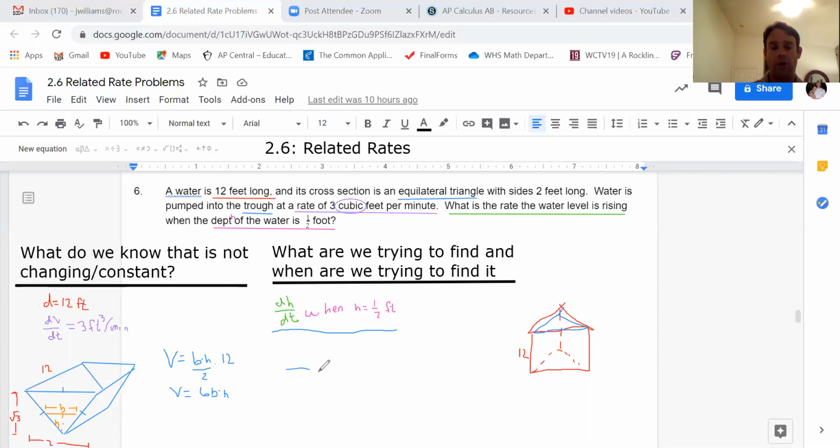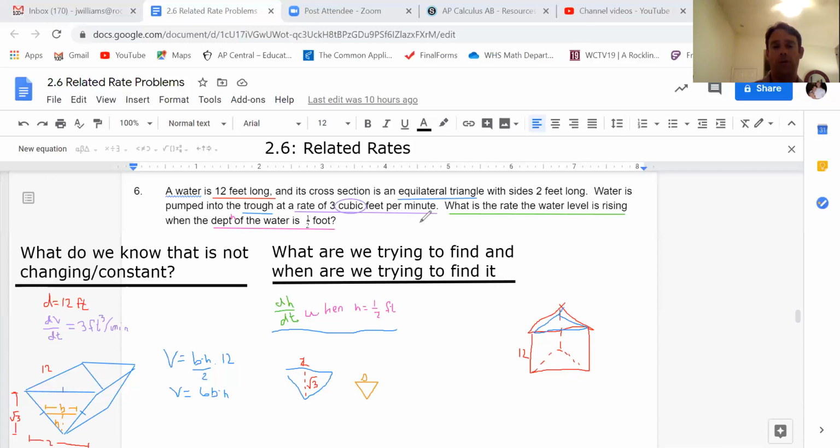So if I take my big triangle right there, we have our side length that was 2. And then we had our height that was root 3. And as water is getting poured into this, I'm going to have multiple side lengths.